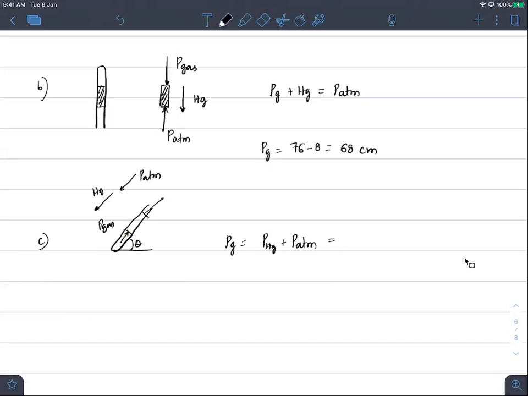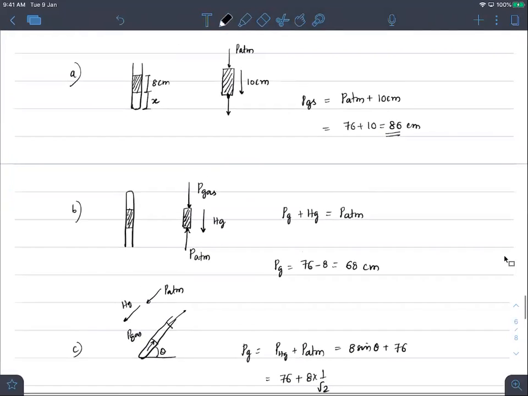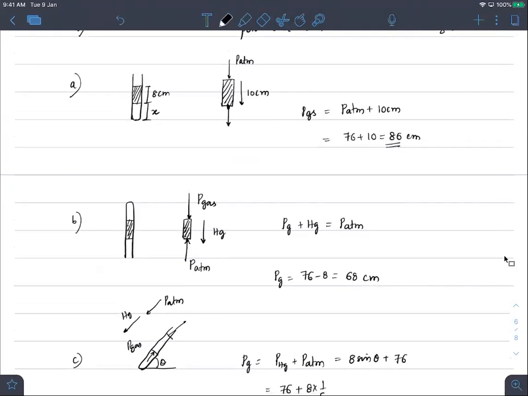So it would be 8 sine theta plus how much is the ATM? 76. So 76 plus 8 into 1 by root 2. 8 centimeters, no, beta, 84, sorry. I took 10 centimeters. Thank you. It's 8 centimeters, so 84 centimeters.